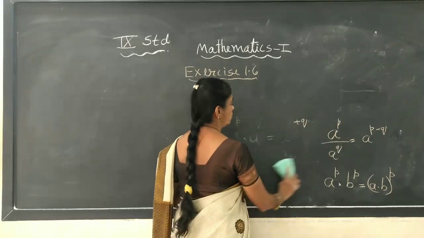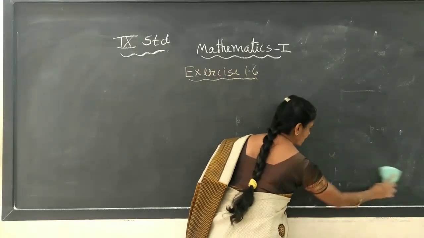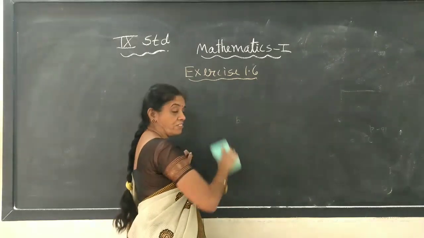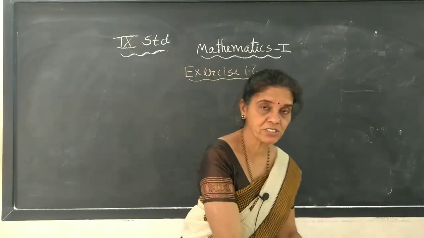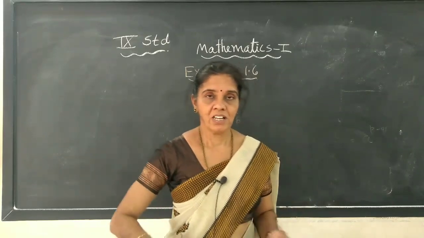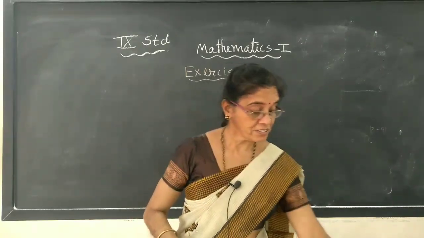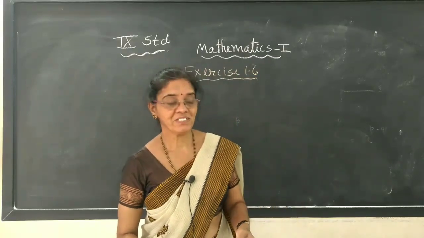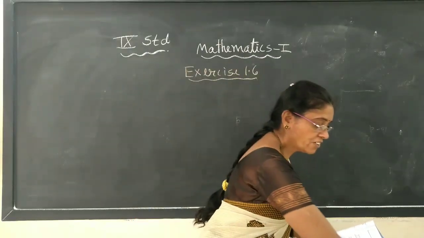And today we will do the exercise problems, the last exercise of the number system, namely 1.6. Have you done it, some of you at least? Not done, no problem, just observe and learn, okay?